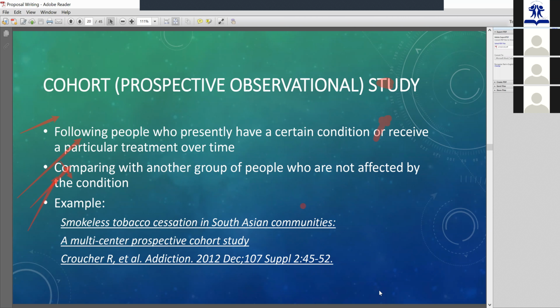It says, for example, smokeless tobacco cessation in South Asian communities, a multi-center prospective cohort study. They have followed the patients who have stopped smoking in South Asian communities, and they want to present the results. Okay. So this was cohort study.